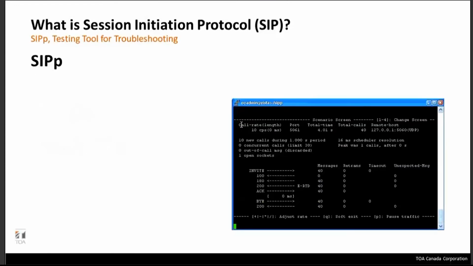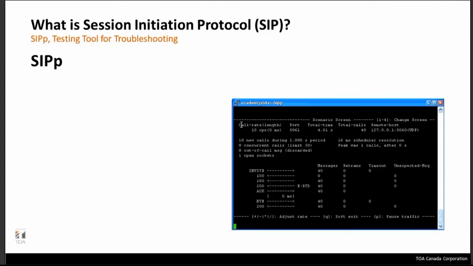This is a very important tool. Most people who use SIP know how to understand a SIP call with it. This is SIPp. SIPp is XML based.